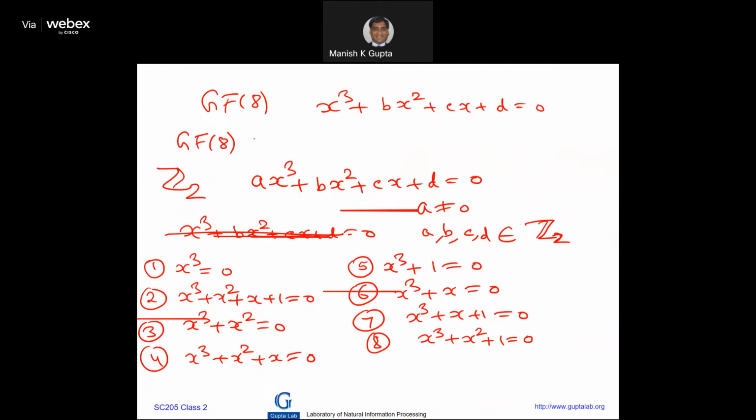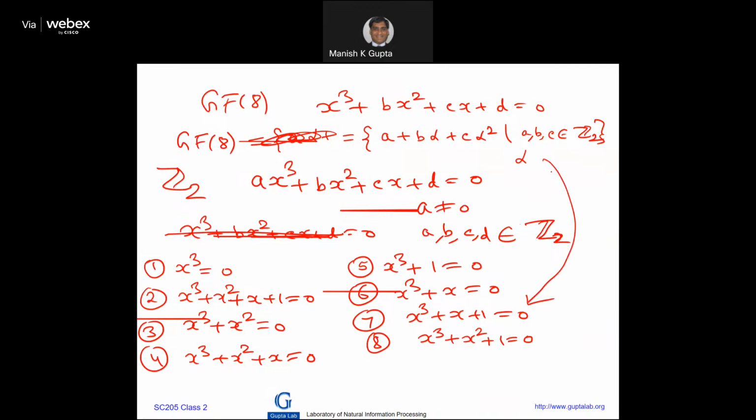Whichever equation you are taking, where alpha is a root of either you take this equation or you take this equation.